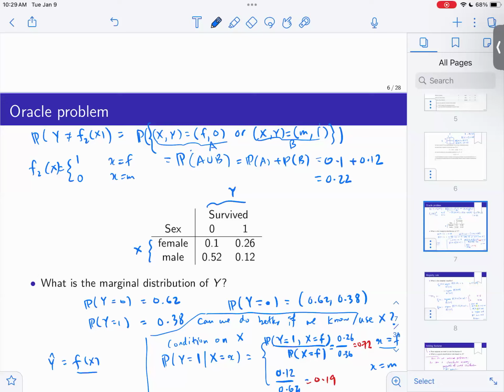And this is one particular event. If I specify this classifier, what is the chance that I misclassify? That's an event in terms of these 2 random variables. And if I have the joint distribution, then I can calculate all these probabilities. This is one way of doing it. Okay? Questions?